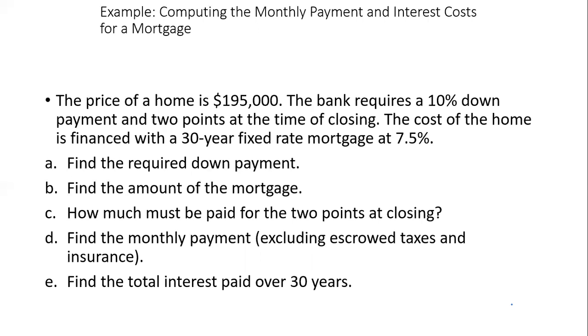So you have to put 10% down. That is 10% of the entire cost, $195,000. Change 10% to a decimal. Of means to multiply.